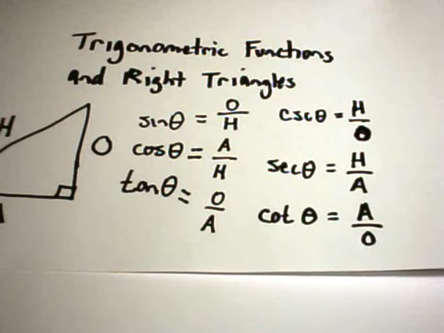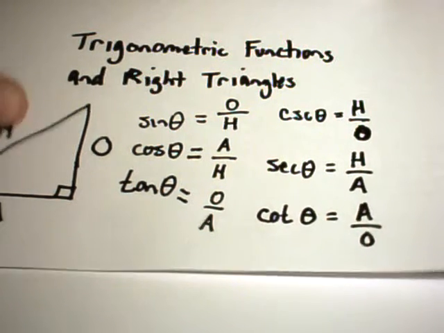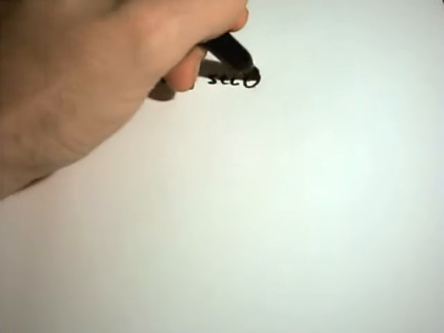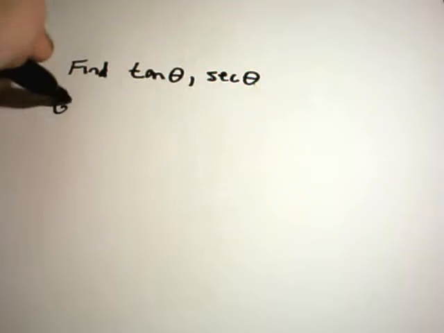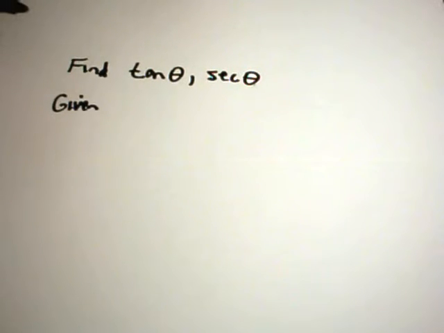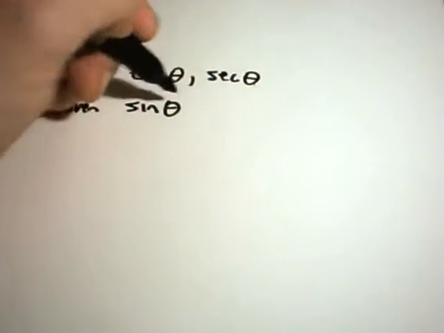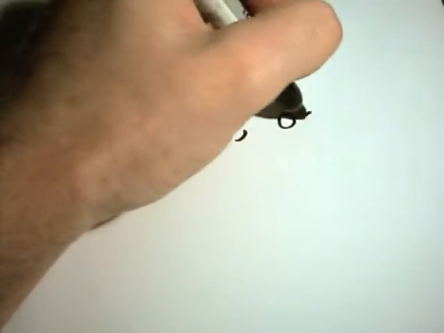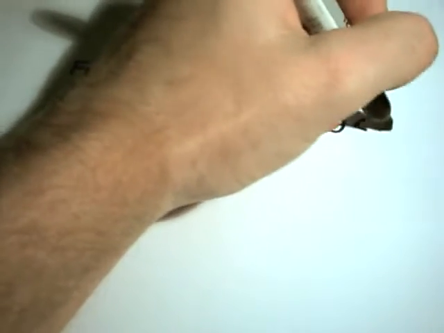Okay, so let's do some problems involving this stuff here. Suppose we want to find tangent of theta and secant of theta, if we're given that sine of theta equals 3/5, and that theta is between 0 and pi over 2.